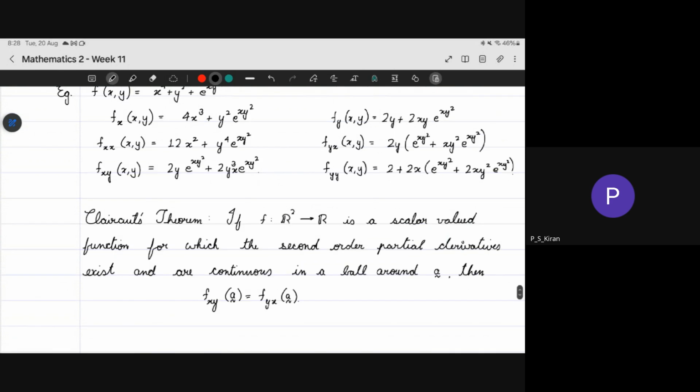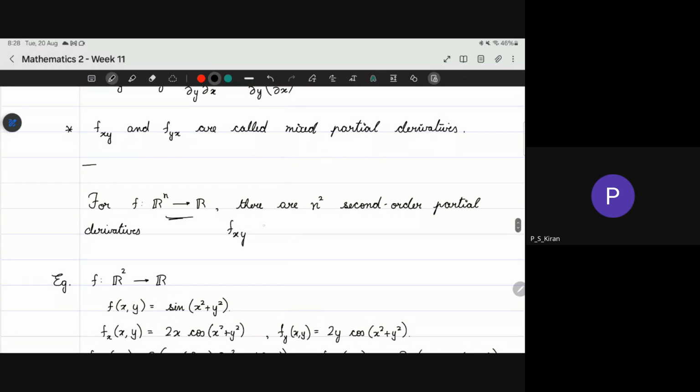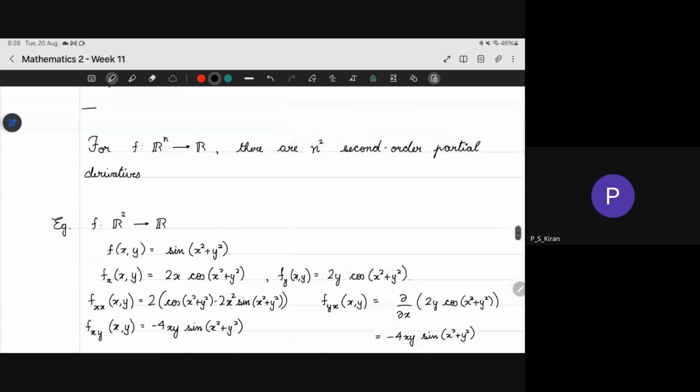No. Even for a multivariable function like this, fxy, or let's say fx1x2, this is the second order partial. So typically you will have fxixj, where i and j vary from 1 to n.